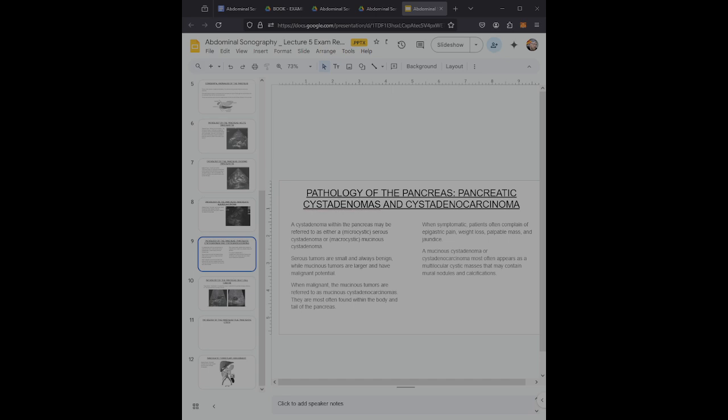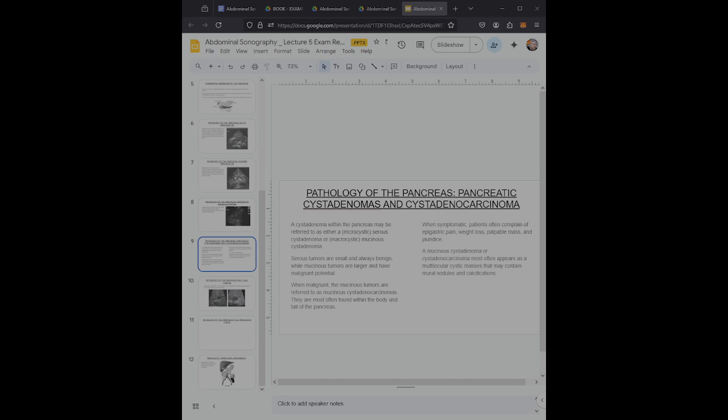Sonographically, we would see benign serous cystadenomas that are small cystic masses that may appear solid and echogenic. Mucinous cystadenomas most often appear as multilocular cystic masses that contain mural nodules.